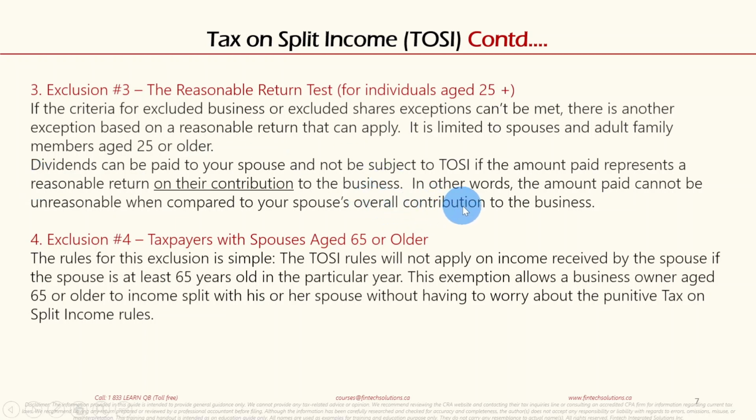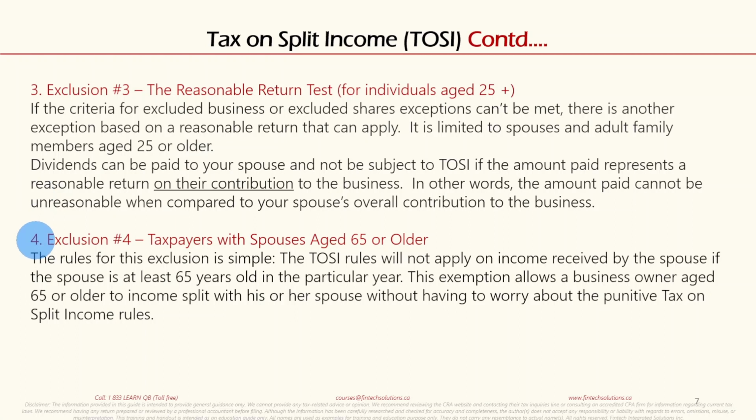That makes a very important part, and that's where something can be done with the overall contribution of an individual or the family member or the spouse, what it is in the business. A little bit gray area, but yes, that is the number three exclusion.